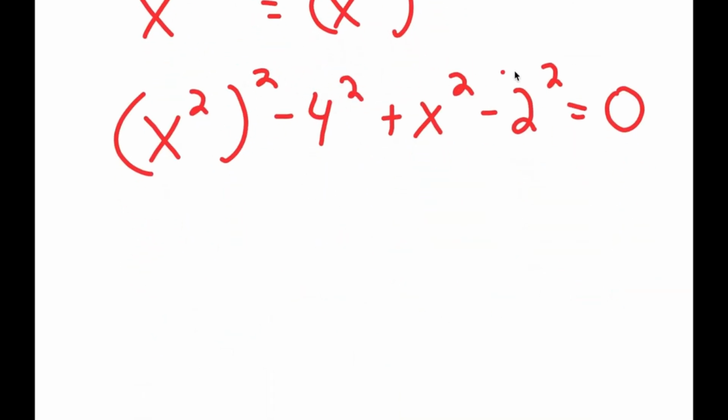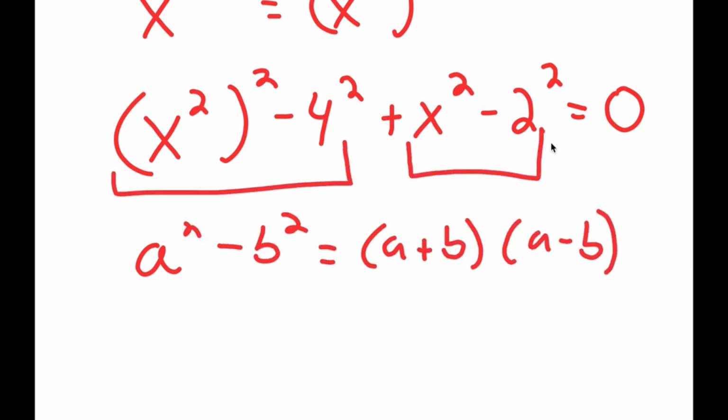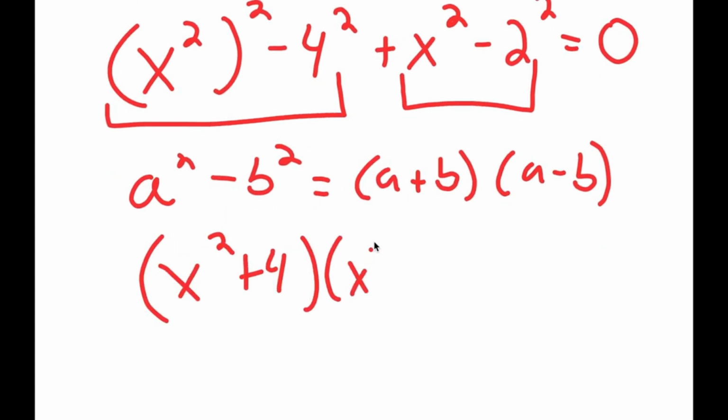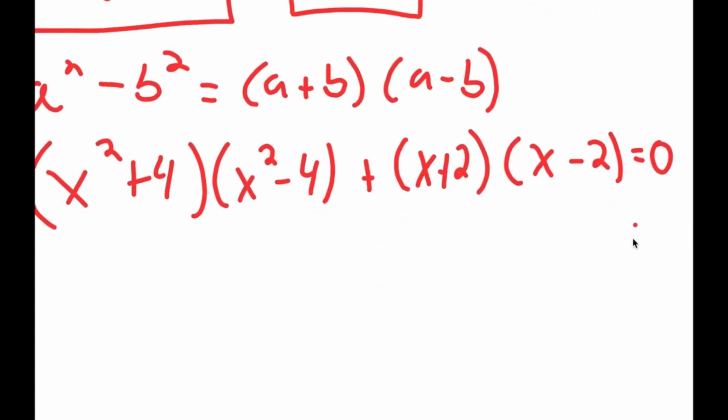Now notice how everything is in the power of 2, and if I have something in the form a squared minus b squared, this is equal to a plus b times a minus b. So we're going to use this property on these two groups. So I first get x squared plus 4 times x squared minus 4 plus x plus 2 times x minus 2 is equal to 0.